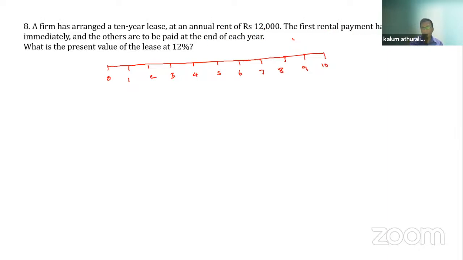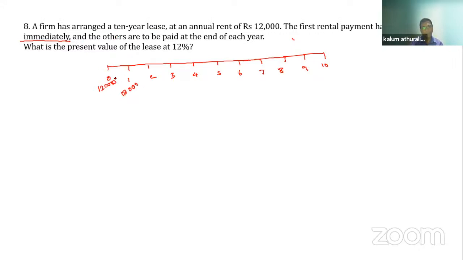Then this special thing is the first rental payment has to be paid immediately. Immediately means now. Now means 0. Here the first payment is 12,000. Then the others come after this. Then we have a 10-year lease payment.